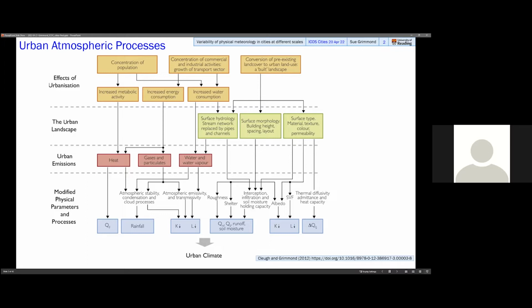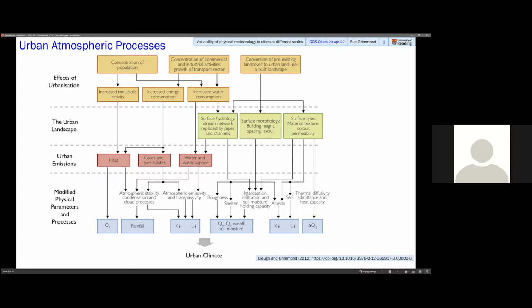By changing the thermal and radiative properties of the buildings, the materials they are constructed from can be represented in the models. We can change, for example, the rates of heating and cooling of buildings themselves, and therefore the thermal comfort indoors that the people might experience. And then if there's poor building design, this may lead to the need to use large amounts of additional energy, which we refer to as QF or anthropogenic heat flux, to heat them in winter or cool them in the summer.